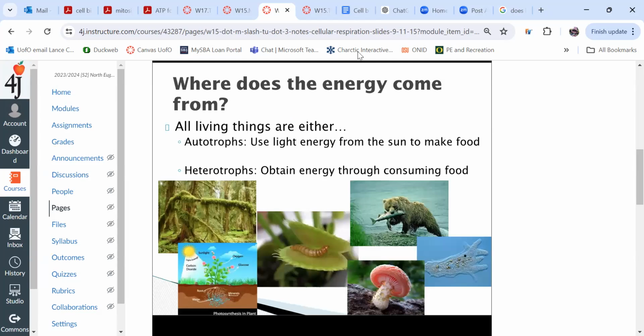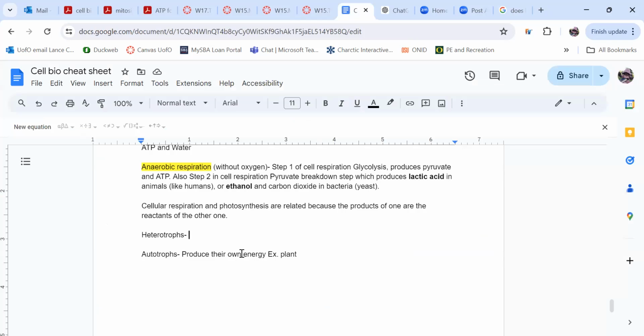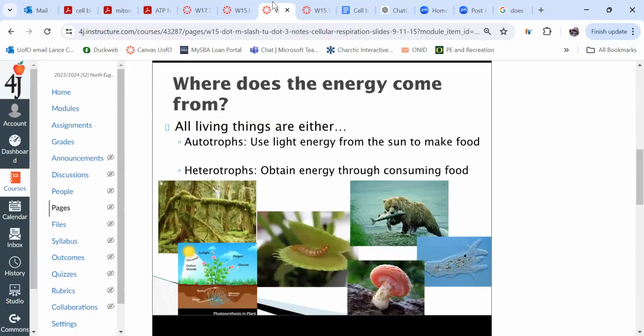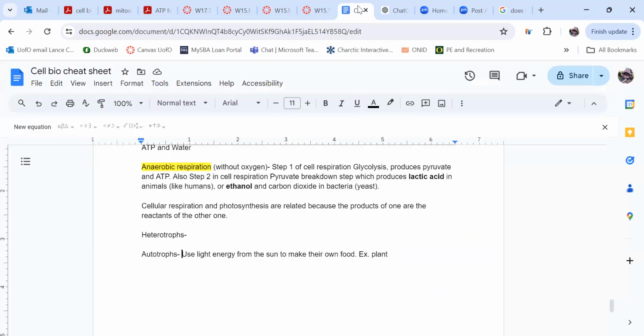Use light energy from the sun to make food. We'll put that for autotrophs. Use light energy from the sun to make their own food. Example, plants. Whereas heterotrophs obtain energy from consuming food. That's what that said, right? Yeah.